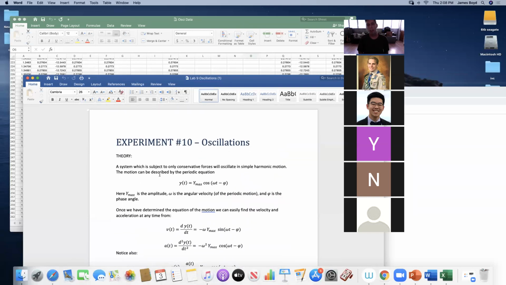equation of motion. And when we do oscillations, our first step is we want the equation of the motion. So we're going to describe this motion by this y equation, which gives the y position of the IOLab as it moves up and down. Now, in your book, it's given as an x equation. We're going to give it as a y.